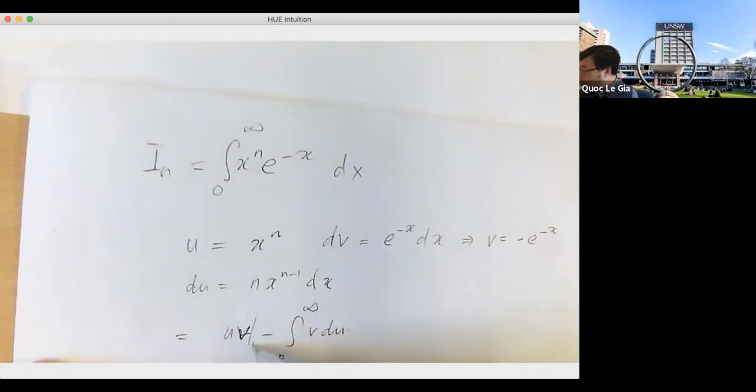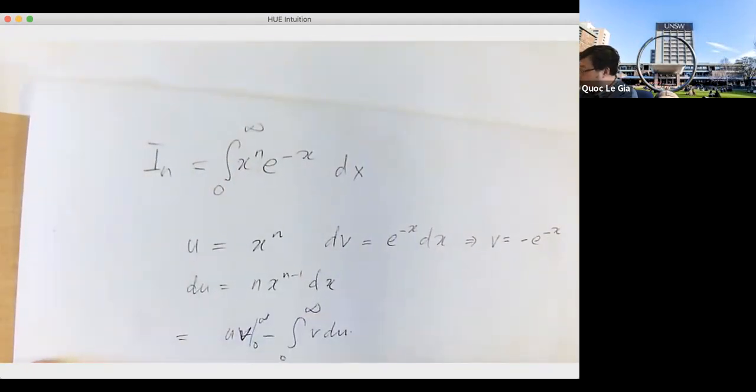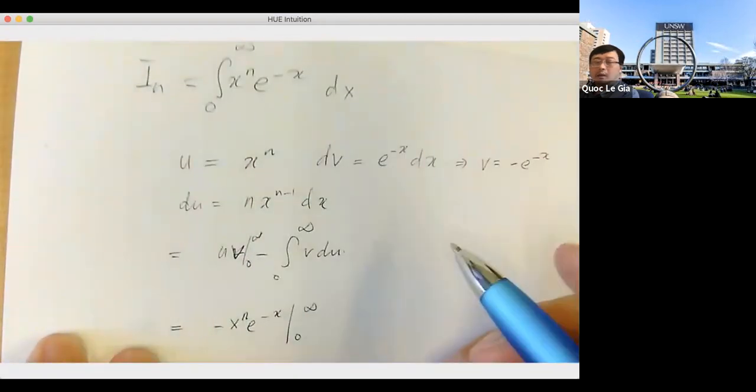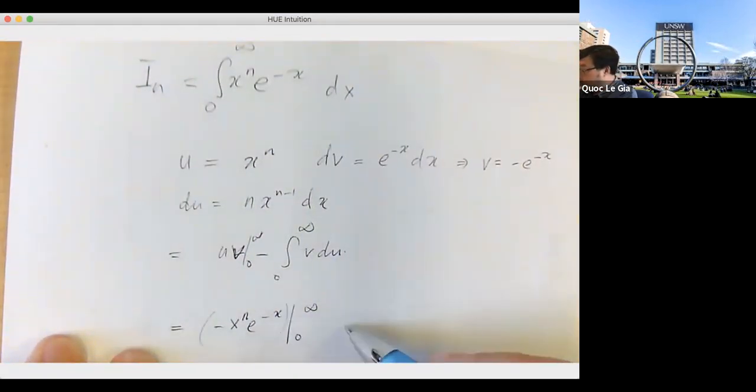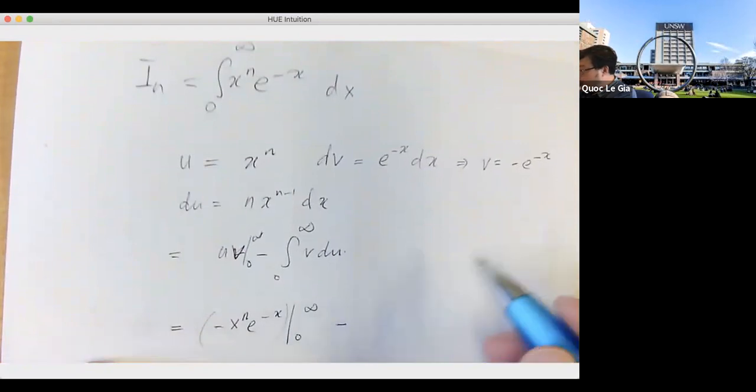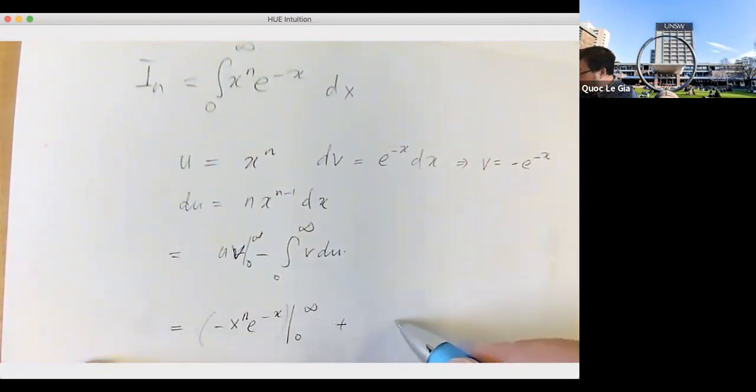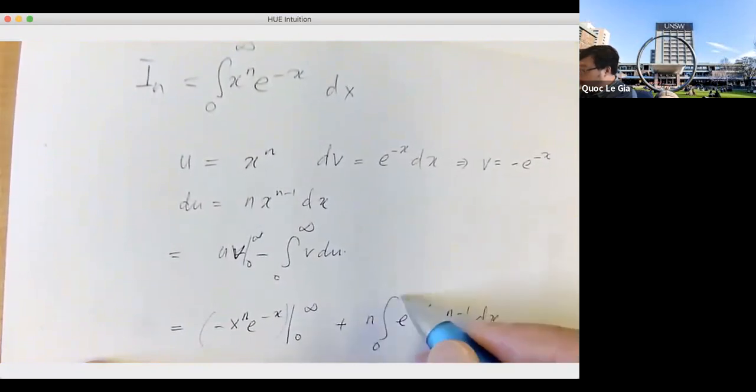So u is just x to the n and v is just minus e to the minus x from 0 to infinity. Okay, so this is just your integration by parts. And minus the integral of v du becomes e to the minus x times n x to the n minus 1 dx from 0 to infinity.